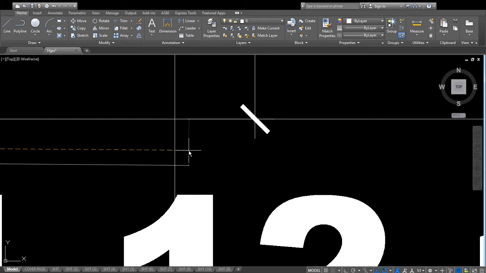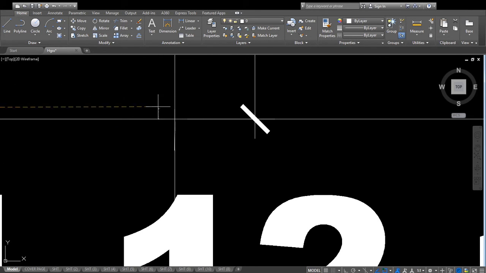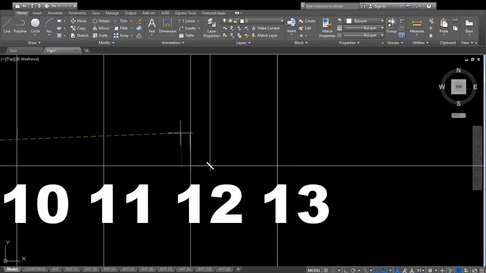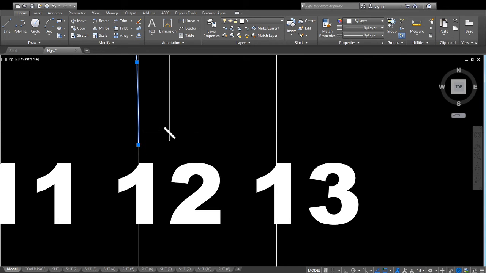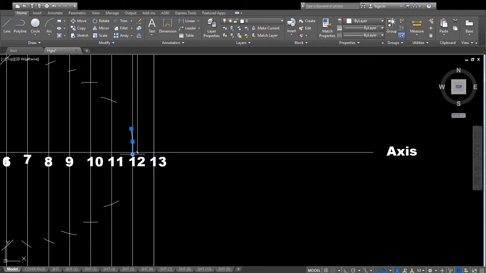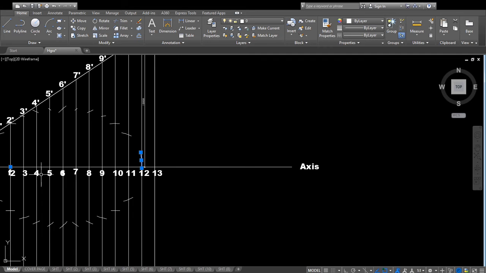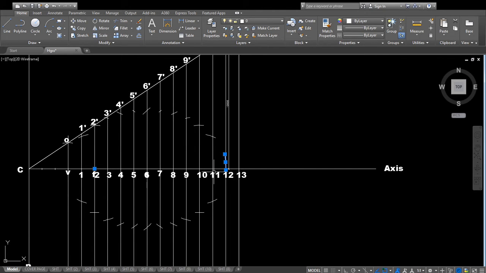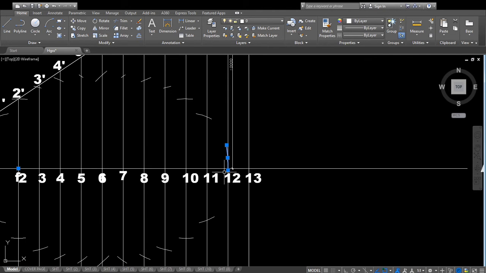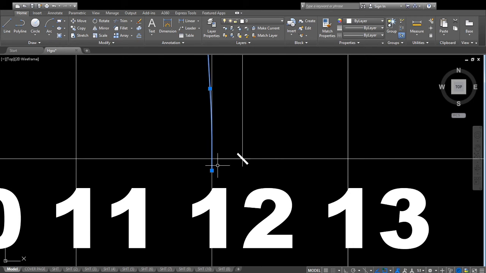Enter. You can see that our arc is passing through exact point 12. So whenever you follow this step through, you get to point 12, it will end on point 12.